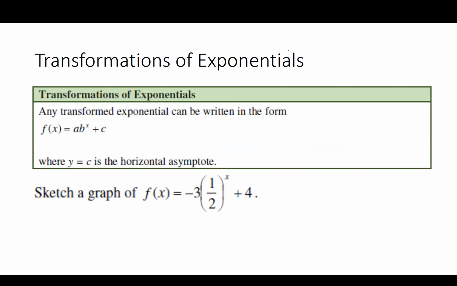Any transformed exponential function can be written in the form a times b to the x plus c. All that the b to the x does is guarantee that I'm looking at an exponential function. Remember that a can do a lot of stuff. With a, we can reflect about the x-axis, and that's if a is negative.